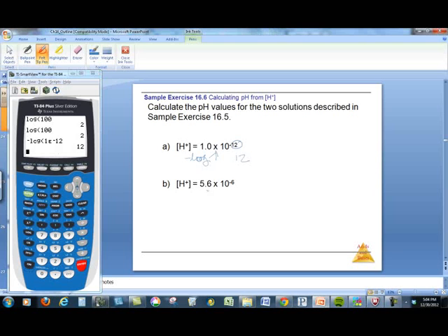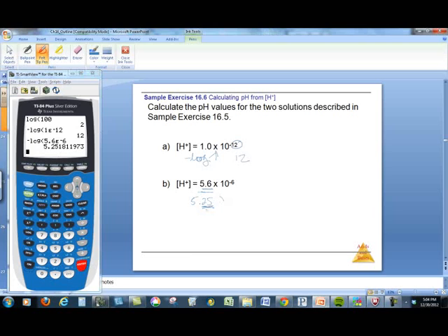Okay, here I can't do that with this because this is not a 1.0. If it were 1.0 times 10 to the minus 6, my pH would be 6. Now my pH should be close to 6, right, because that's what my exponent is here, but it won't be exact because of the 5.6. So for this one I need my calculator, so I'm going to take the negative of the log of 5.6 second EE negative 6, and I get 5.25, or 5.25 in 2 sig figs, so I need 2 sig figs.